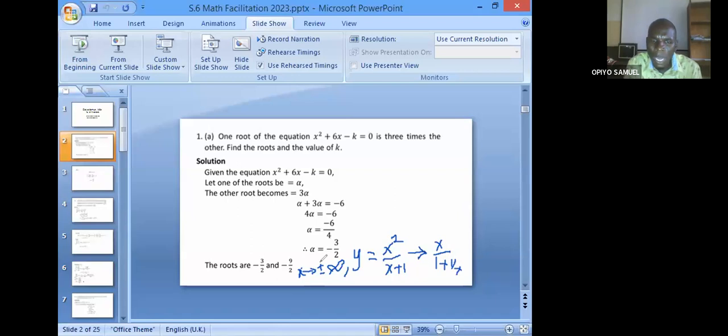So when x becomes large, this part is going to be 0, and we remain with y equals x. And y equals x will become now our slanting asymptote, y equals x. So generally, for slanting asymptote to occur, this fraction here, the numerator must have a higher degree than the denominator. Thank you.